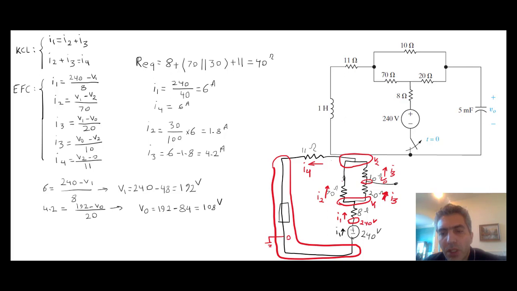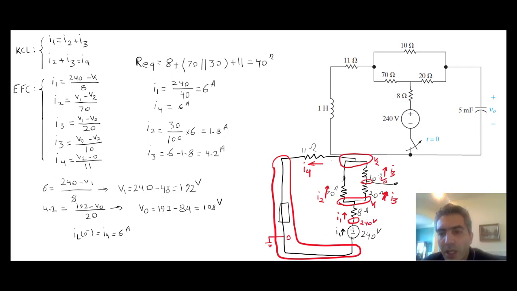I already know the initial current of the inductor, because this current I4 is the current that is passing through the inductor. This was where the inductor used to be. So the initial current of the inductor, IL(0 minus), is equal to I4, and that's equal to 6 amp.